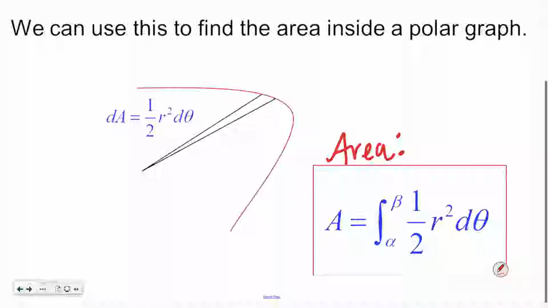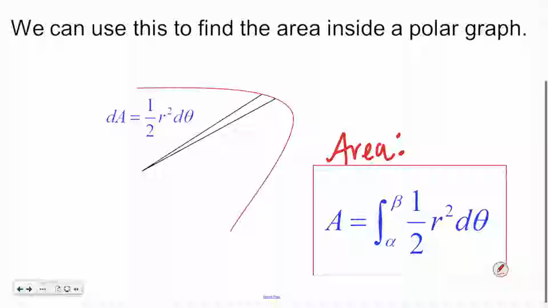The input variable is theta, which is measuring angles, and it's going to have to be in radians. So alpha and beta are more Greek letters for our angle measurements. And there's already a sigma in there because we're adding. Yep, so the integral, we're adding up all of those infinitely small triangles.